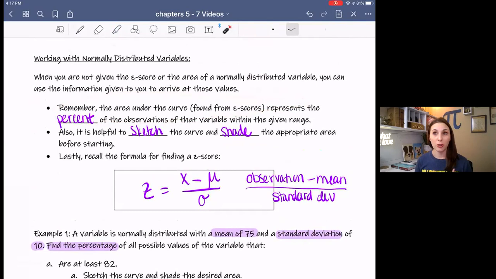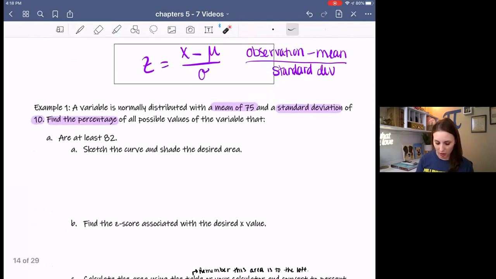So in order to find the area under the curve, we need z-scores. This is kind of a mathematical process, using these pieces: I need a percentage. What represents percentage? Area. What do I need to find area? Z-scores. We're going to use all these pieces to help us figure this out.